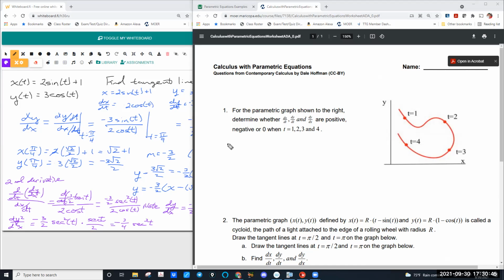So what we're going to do is we'll make a little table. This is what I'd recommend doing. It's a good way to keep track of it. So you're going to have your t value. You're going to have 1, 2, 3, 4. And then in here, you're going to have your dx dt, dy dt, and your dy dx.